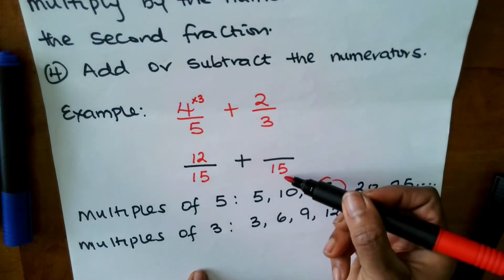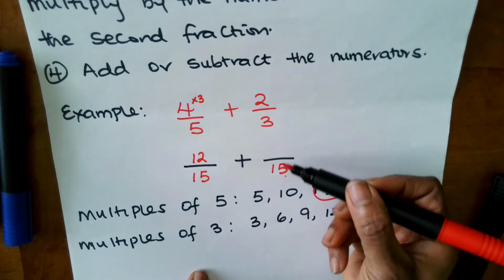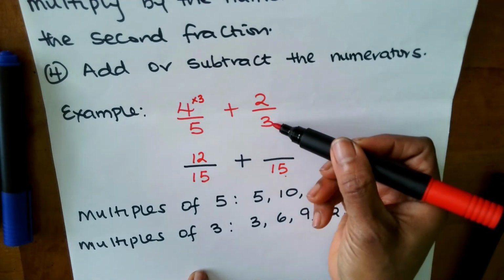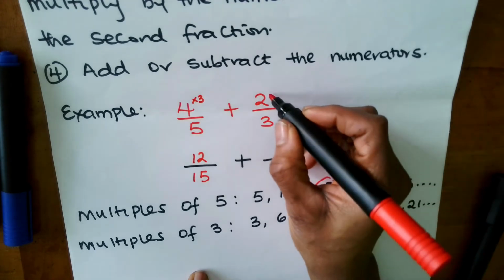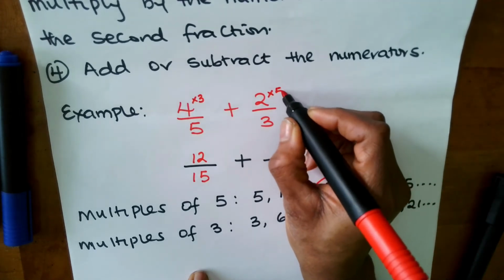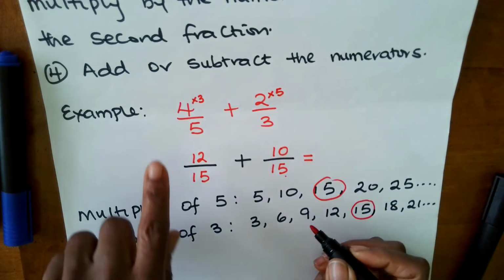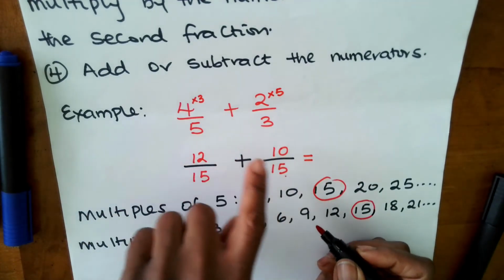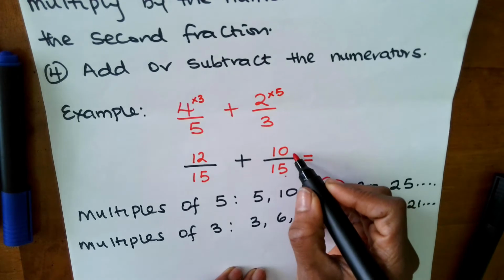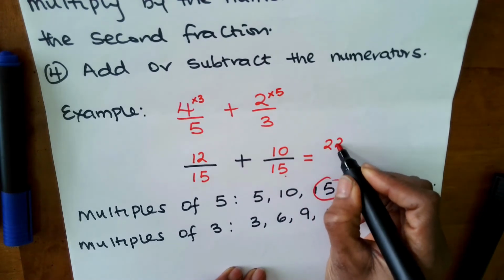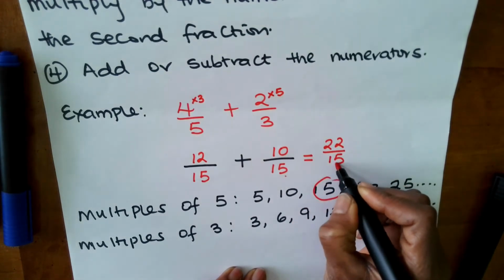Now we do the same for the second fraction, 15 divided by 3 will give me 5, 5 times 2 will give me 10. Now what we need to do is to add the numerators. So 12 add 10 will give me 22 over 15.